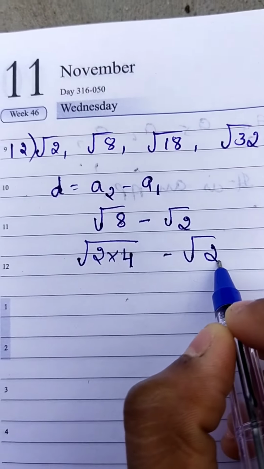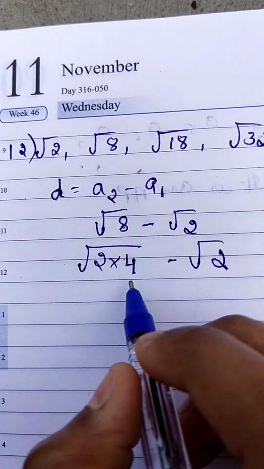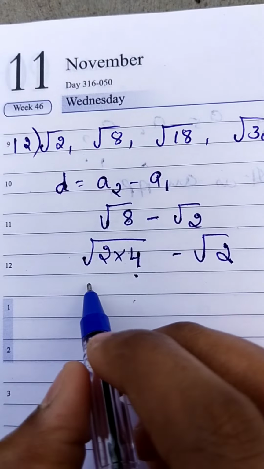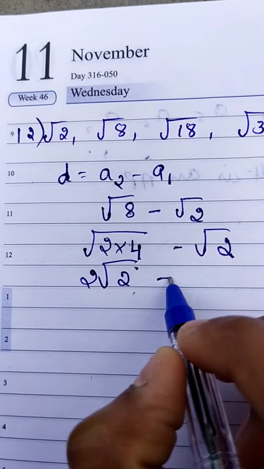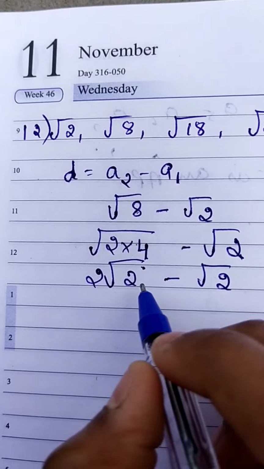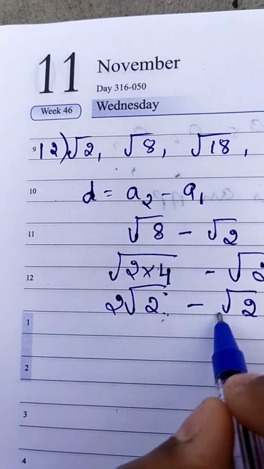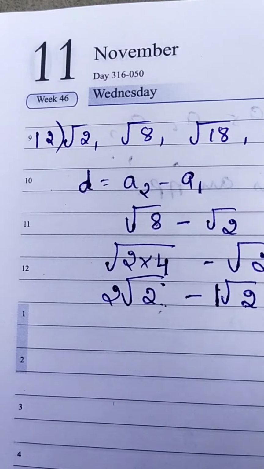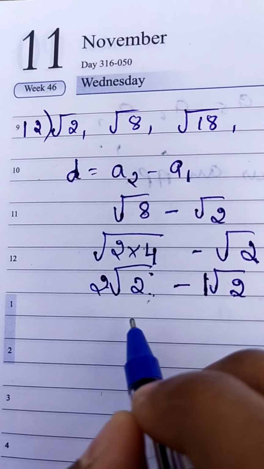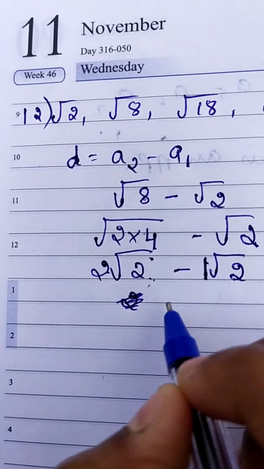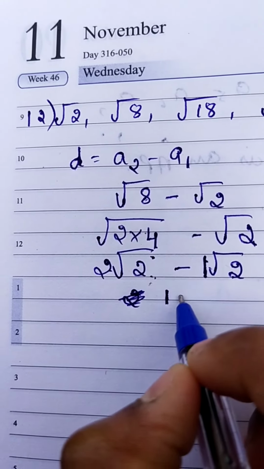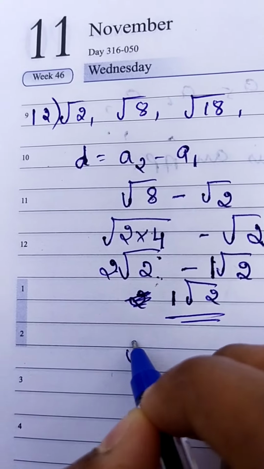So root of 4 is 2. So root 2 is common, you can cancel it. If nothing is there, here is 1. So 2 minus 1 is 1, and root 2, that is root 2.